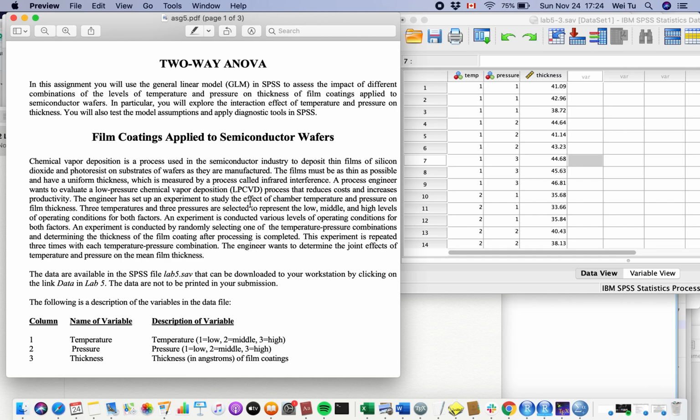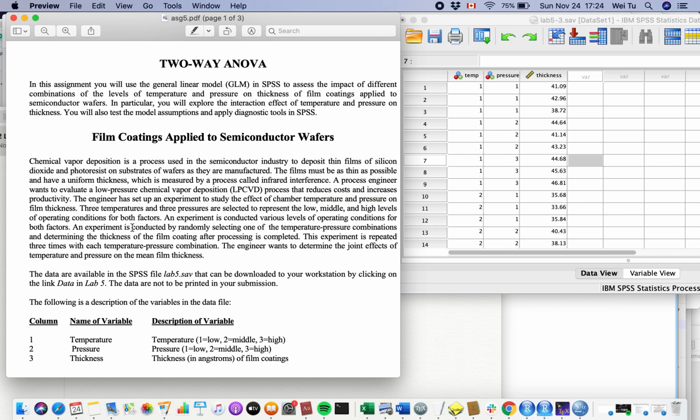So the specific problem we're dealing with is we're using this to make film coating. Here, an experiment is conducted at various levels of operating conditions for both factors, temperature and pressure, on the film thickness.